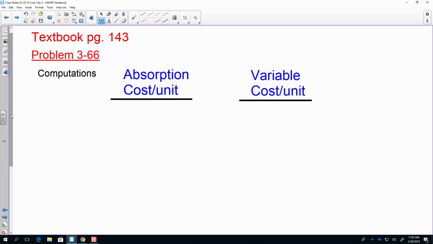Go ahead. Come up with an absorption cost per unit and a variable cost per unit. Now remember, when we do this, we're looking only at product cost. Only product cost. 4 parts, 3 parts.